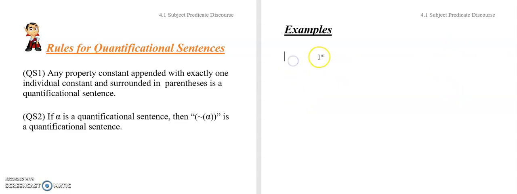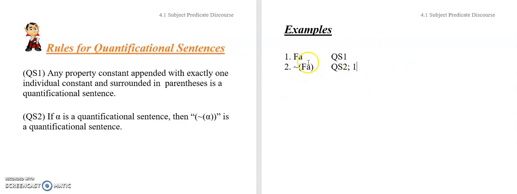So if you've got a quantificational sentence, for example, let's just say FA, and that's a sentence formed by rule QS1, you can get this as a quantificational sentence by QS2 done on line 1. So applying QS2 to this line, this one here is this one here.